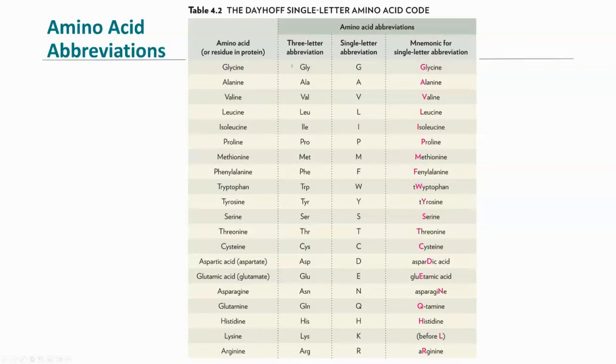The three-letter abbreviations are glycine, GLY; alanine, ALA; valine, VAL. And the single-letter abbreviations: glycine is G, alanine A, valine V, leucine L, isoleucine I, proline P, methionine M, phenylalanine Phe and F, tryptophan W, tyrosine Y, serine S, threonine T, cysteine C, aspartate D, glutamate E, asparagine N, glutamine Q, histidine H, lysine K, and arginine R. So these are the single-letter abbreviations for the amino acids.